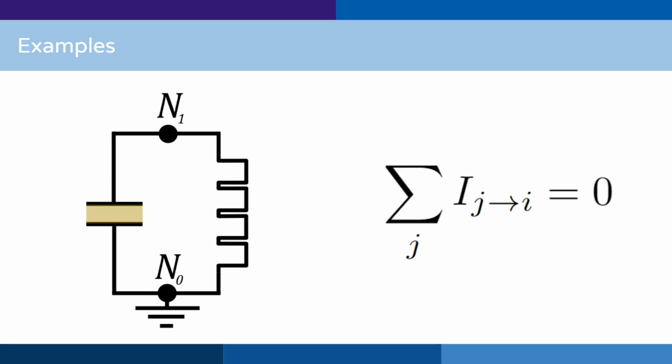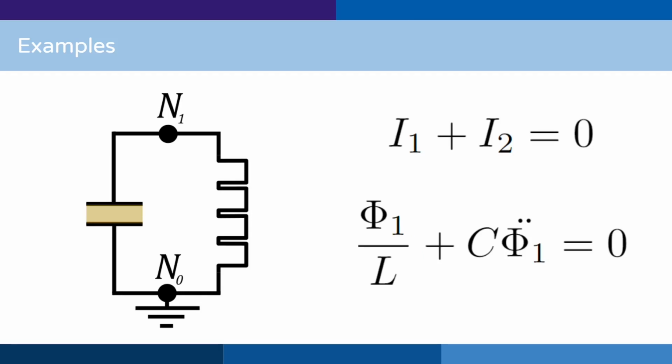Just to take into account, we are going to use node theory from circuit theory, in which the sum of all the currents related to one node is equal to 0. Okay, so let's say that I1 and I2 sum to 0. With this, the current through the capacitor and through the inductor can be written in terms of flux in the second equation here.